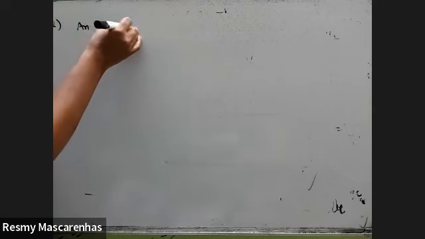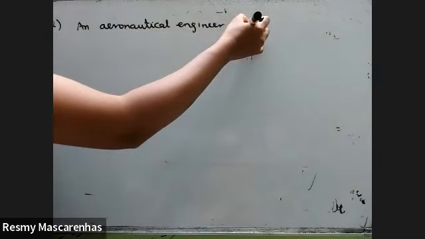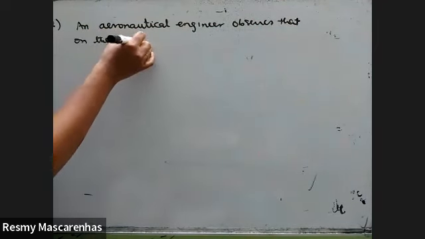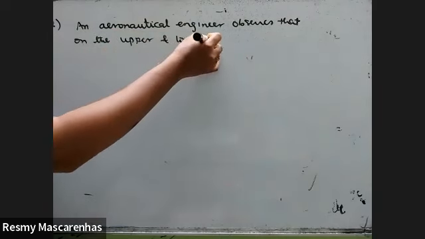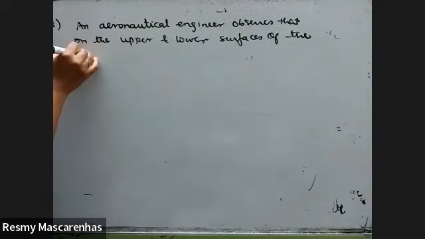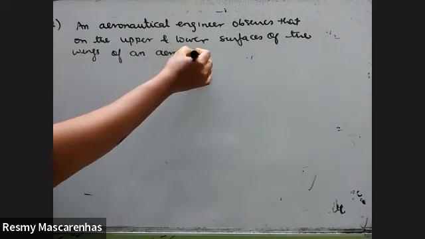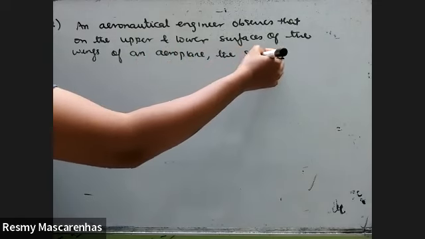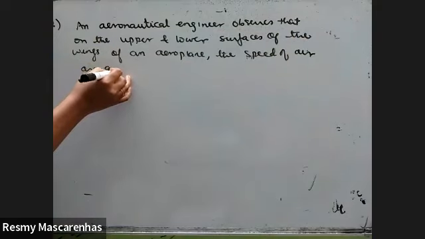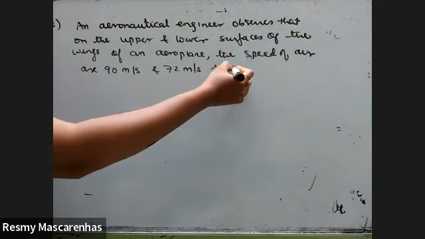An aeronautical engineer observes that on the upper and lower surfaces of the wings of an aeroplane, the speeds of air are as given, respectively.